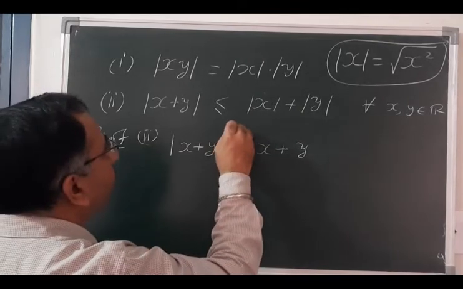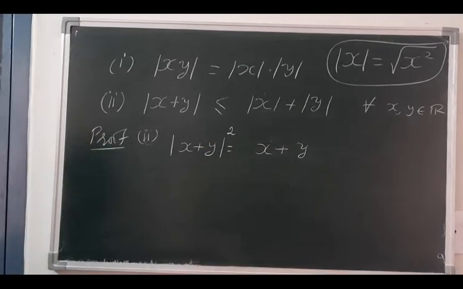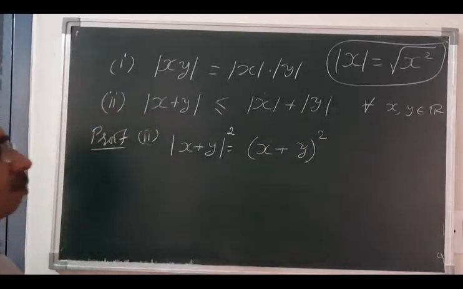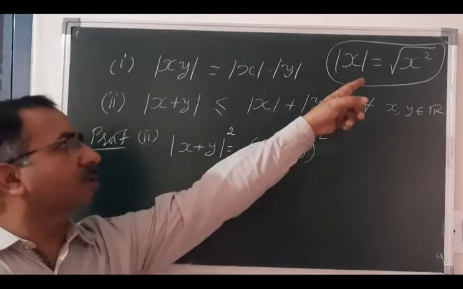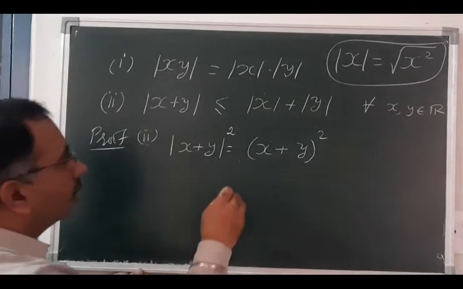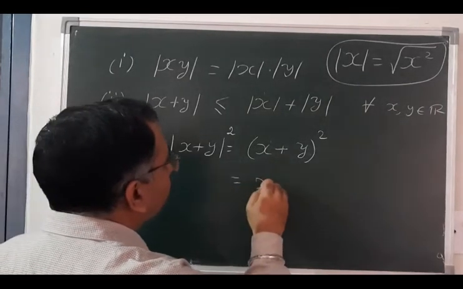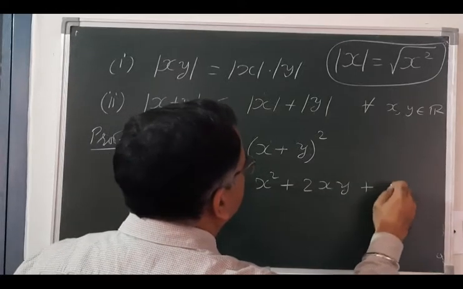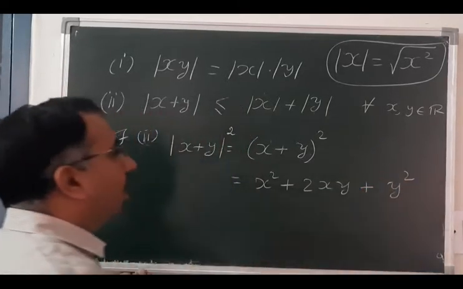So I start from here. Mod of x plus y, squared, is the same thing as (x plus y) squared. This result follows from the definition. So (a plus b) whole square, you know, is x squared plus 2xy plus y squared.